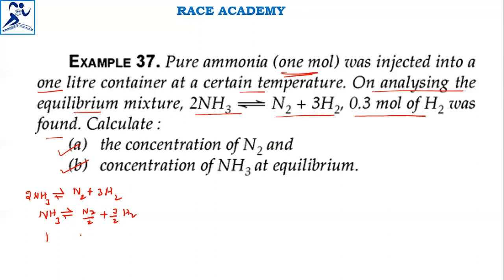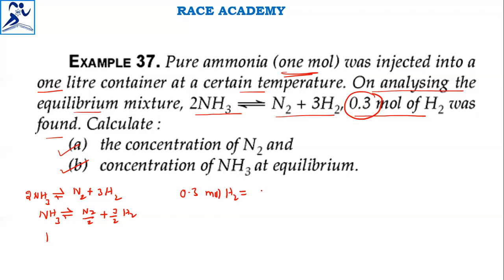But at equilibrium, they have given one thing, that is 0.3 mole of H2, they told. That means 0.3 mole of H2 is there at equilibrium. From the equation, it is 3 by 2 mole.